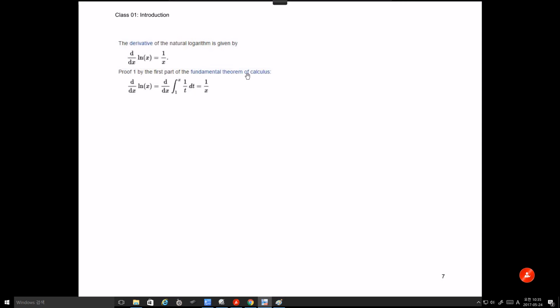Because of the fundamental theorem of calculus, if we take the derivative of this with respect to x, it is simply 1 over x, right? So we have the same one, 1 over x. So we just proved it.